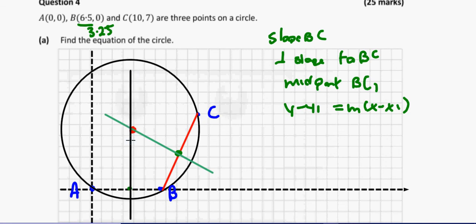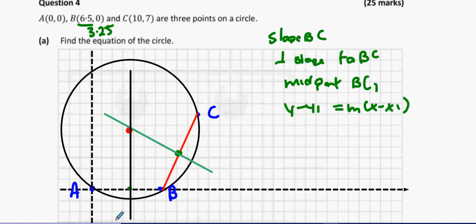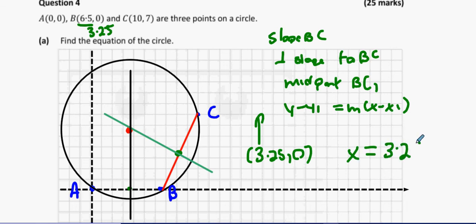Where the two perpendicular bisectors meet is where the center of your circle is going to be, and then you just do a simultaneous equation to finish this off. The midpoint is 3.25, 0, and a vertical line through 3.25 is simply the line x equals 3.25. You know what? I've done so much of this already that I'm pretty much going to just finish it off at this stage.